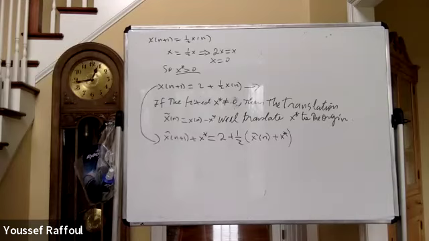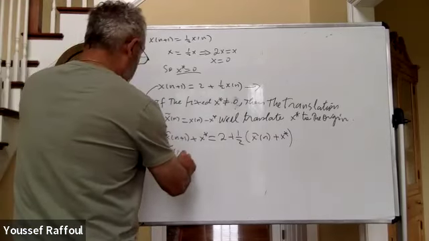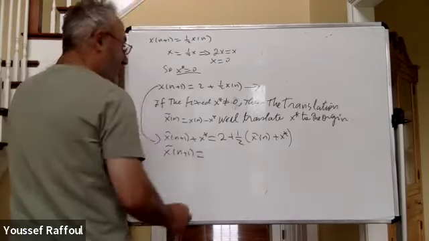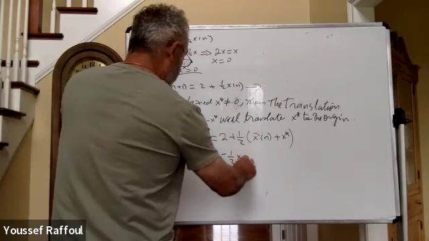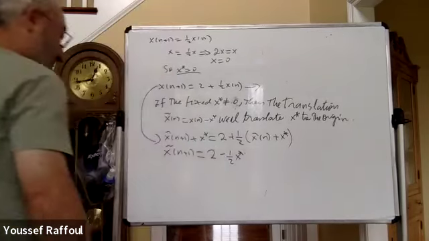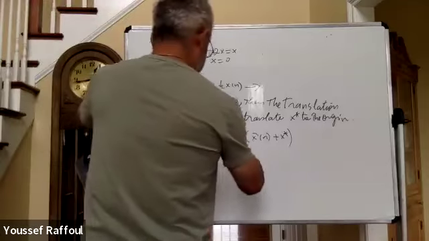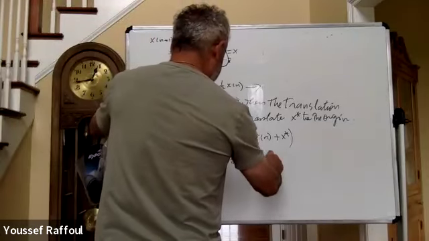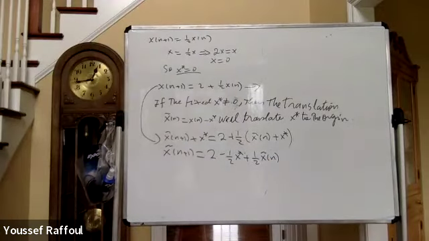And so equal to 2 minus 1/2 x star plus 1/2 x star of n.